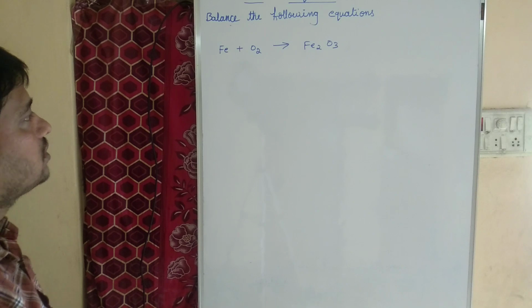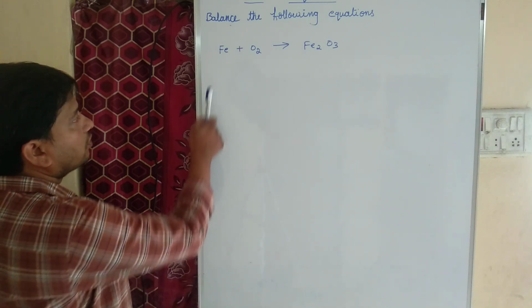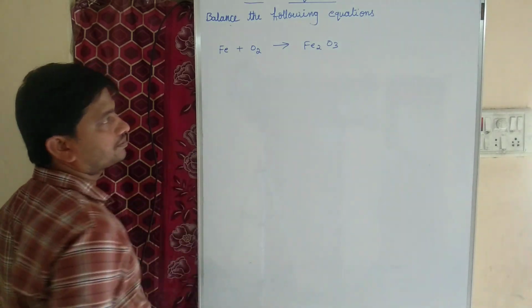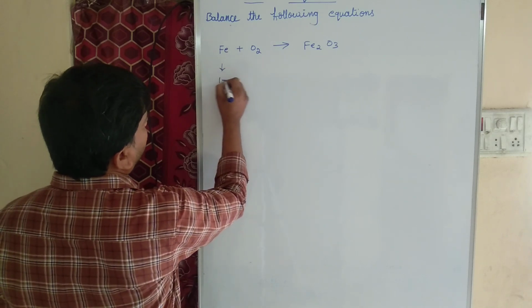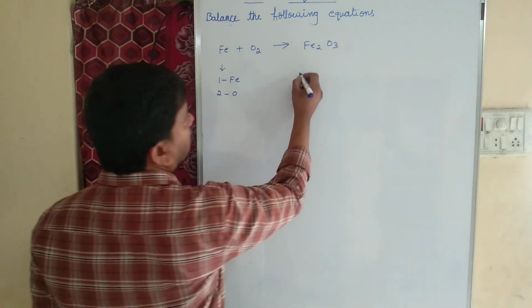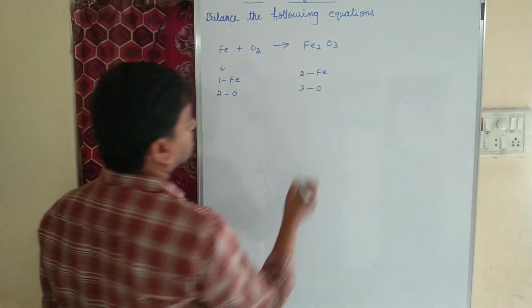Right? See, children, do we have how many iron? We have only 1 atom of iron here, but whereas here 2 atoms of iron. We have 1 atom of iron and 2 atoms of oxygen on LHS. Here we have 2 atoms of iron, but whereas 3 atoms of oxygen.